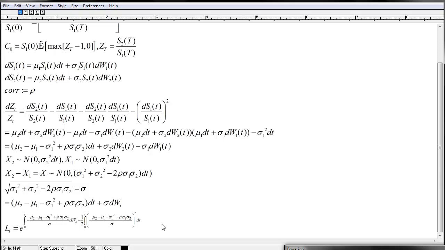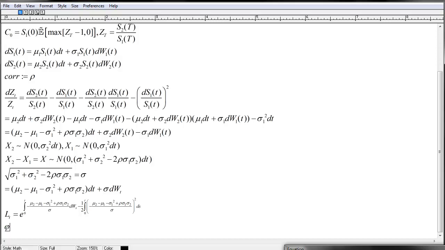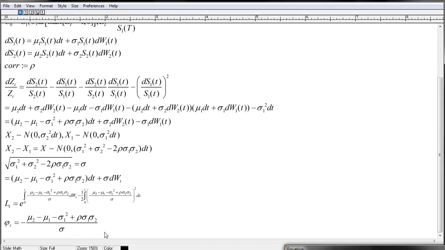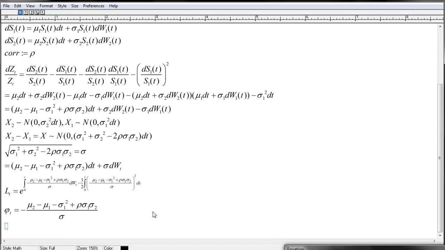So that's the Radon-Nikodym derivative. Okay, and we know that the transformation kernel is equal to this term, and we also know that from the change of measure theorem, the Brownian motion under the empirical measure is equal to Girsanov kernel times dt plus some new Brownian motion under risk neutral measure.